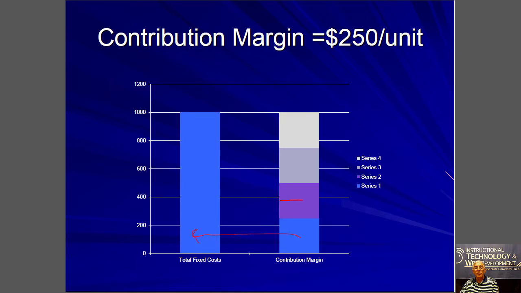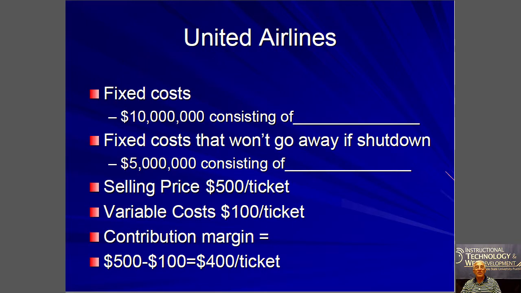The second unit you sell will pay off another $250, etc. When you've completely paid off your fixed costs, what does the next $250 of contribution margin go toward? It goes toward a party. It's called profit. So let's use that understanding to make the shutdown decision.